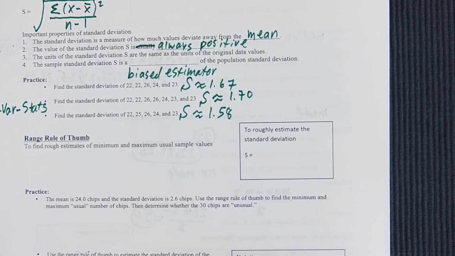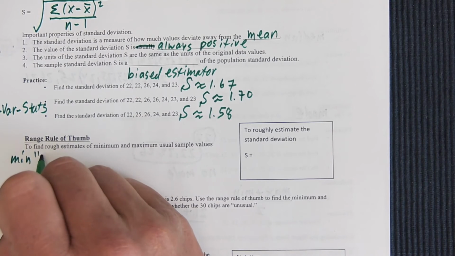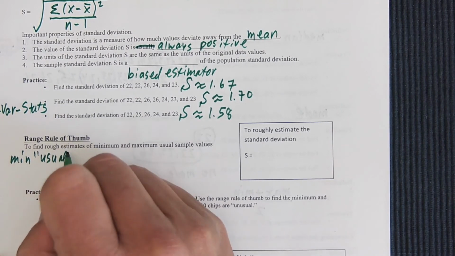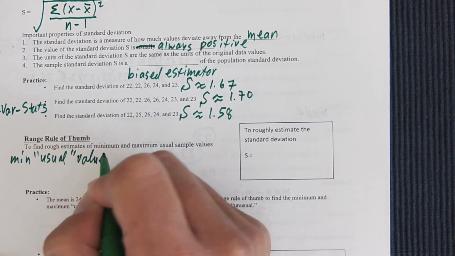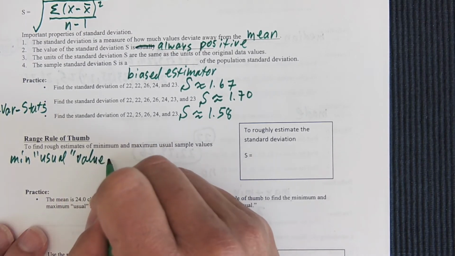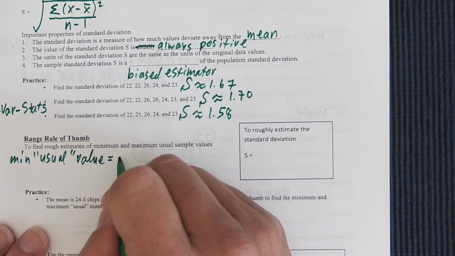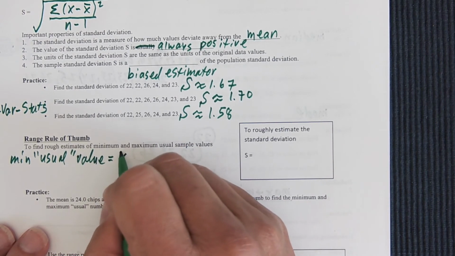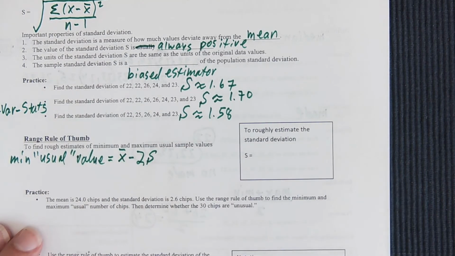All right, we are now to the range rule of thumb. So for the minimum usual value, it's going to be the mean minus 2 standard deviations.